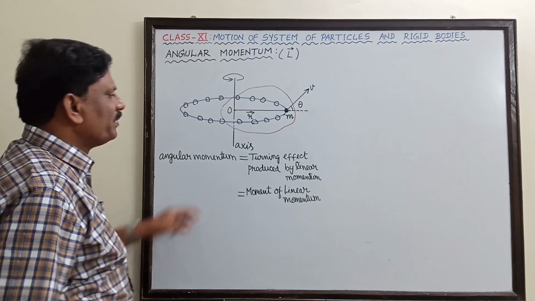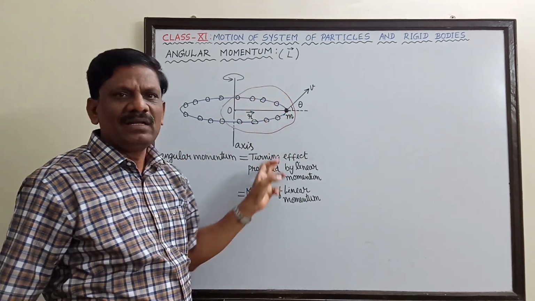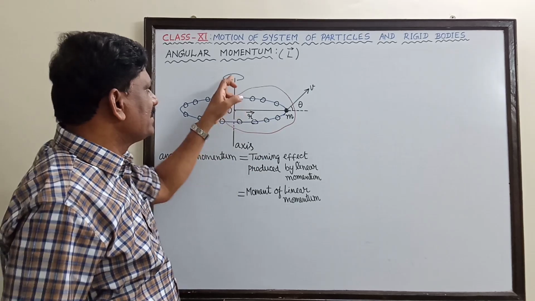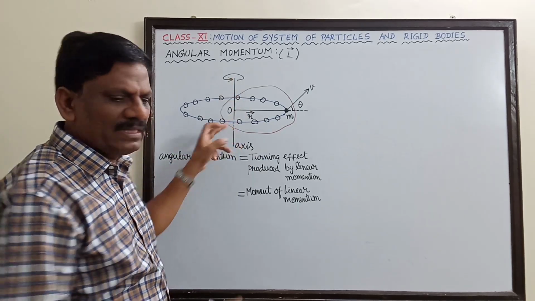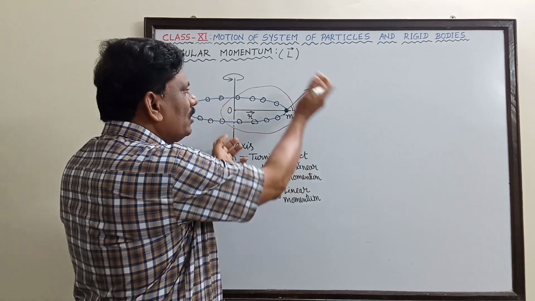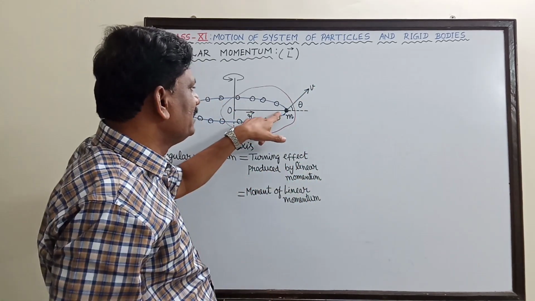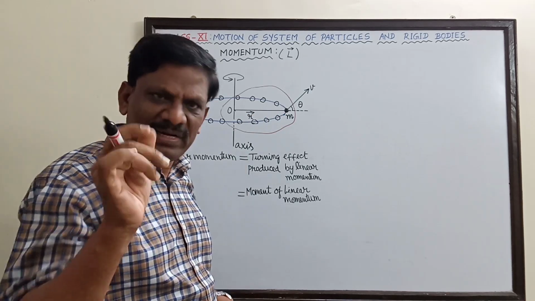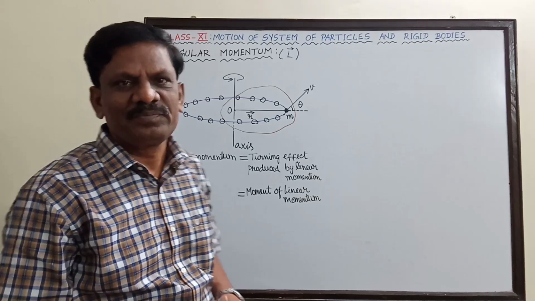You can look at this picture. The rigid body whose boundary is shown by red is fixed about an axis passing through a fixed point O. So when the entire body is going to rotate, each and every particle present inside the rigid body, each and every point mass is revolving in a circular path.